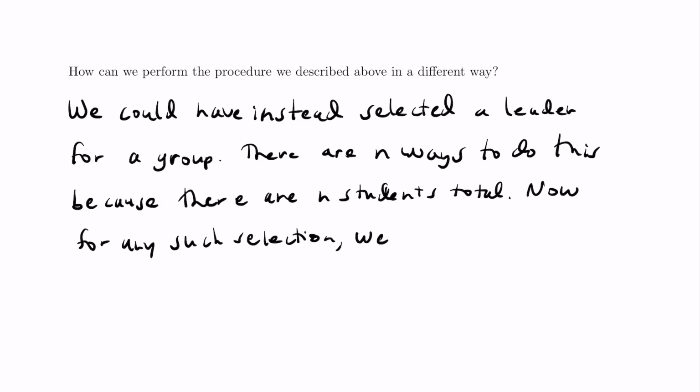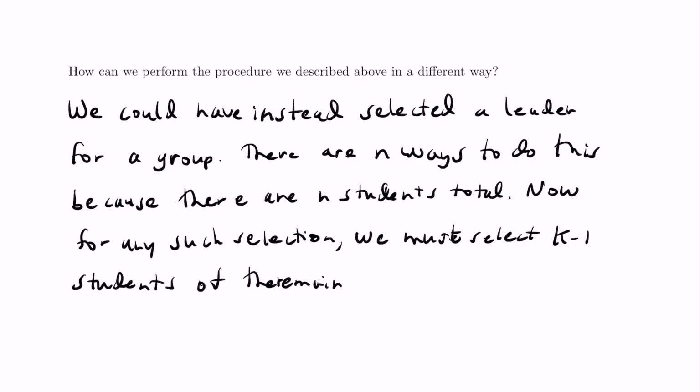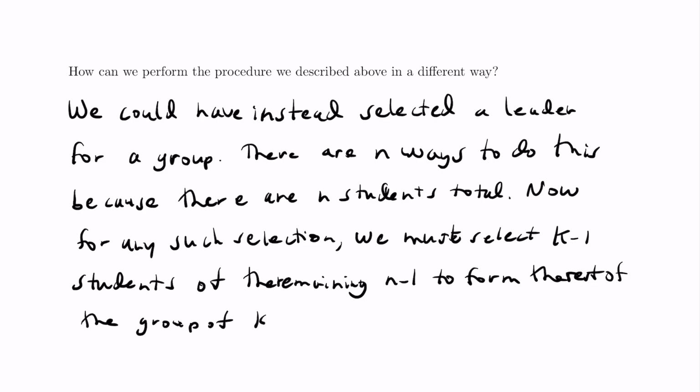So we must select, if the group size is k, and we already selected the leader, we have to select k minus 1 students of the remaining n minus 1 to form the rest of the group of k.